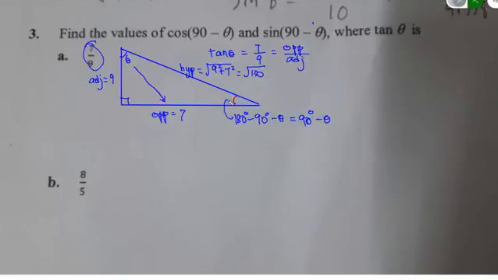With respect to this angle, we're going to look at what is the opposite of this angle, and what is the adjacent of this angle. Now, this angle, which is 90 minus theta, the opposite of that angle is basically this length, sorry. So the opposite of this angle, 90 minus theta, is this length.